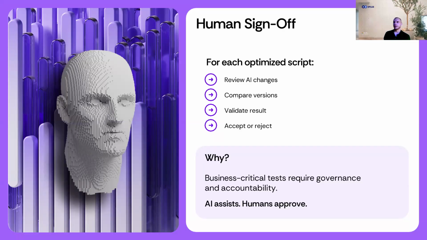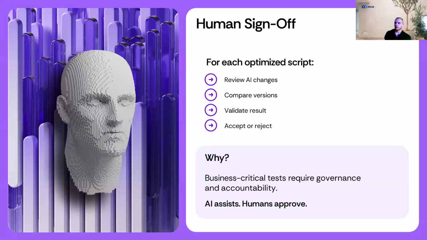And why is there a human sign-off? Of course, test autonomous requires AI to reduce the manual effort for test automation, but we always want users to be responsible for the test cases.